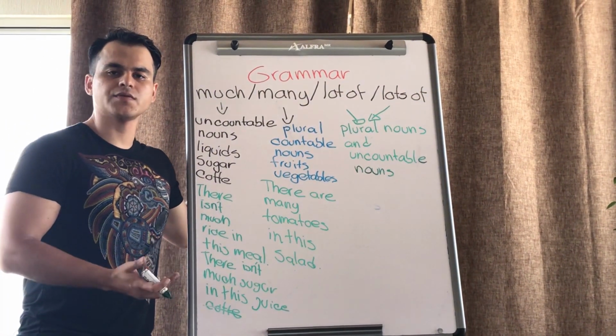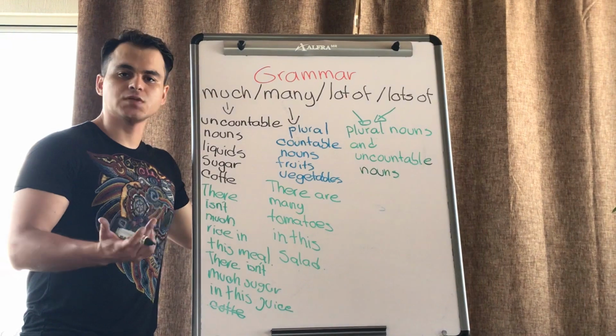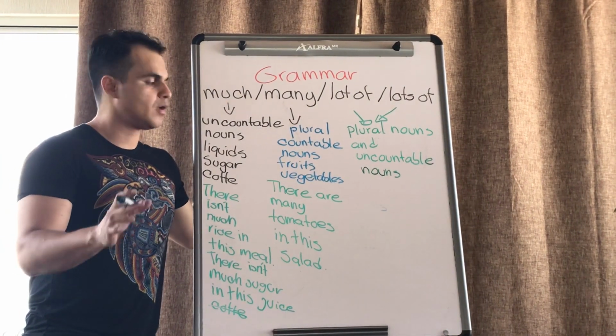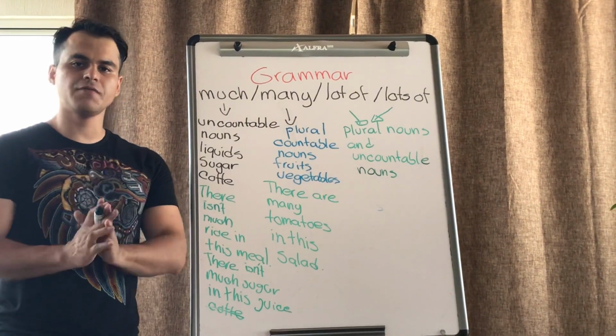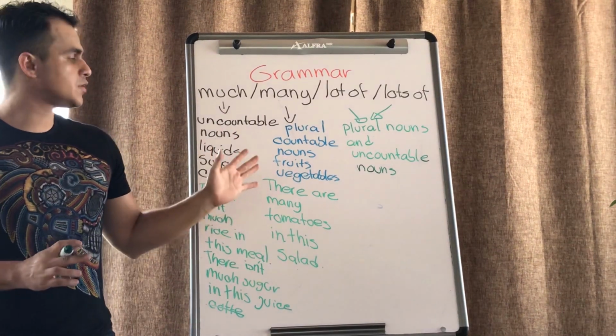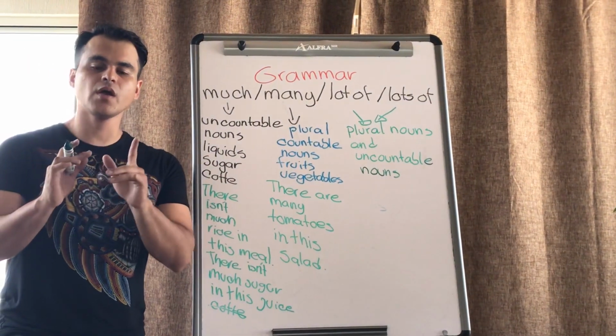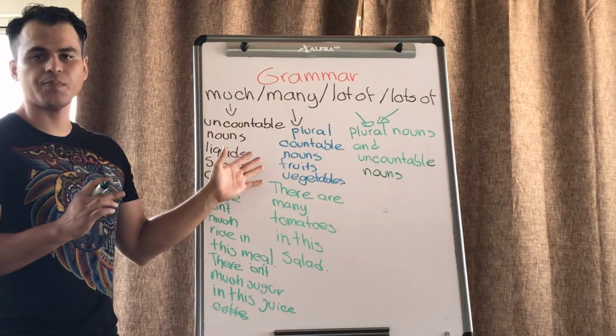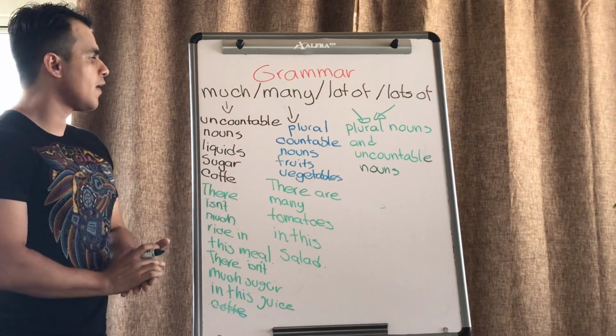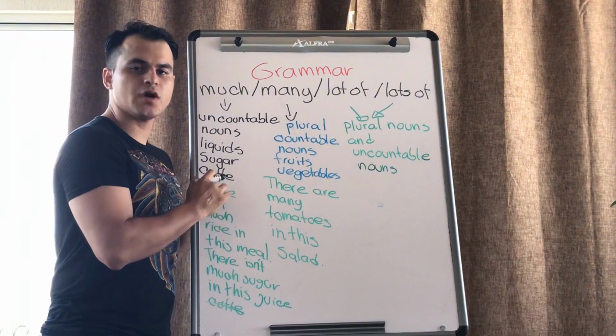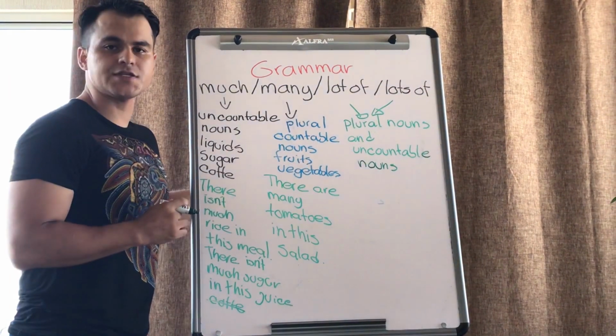There are many tomatoes in these salads. There are many mushrooms in these salads. Anything you want. You just need to understand the difference: when you are going to talk about a plural countable noun, you have to use many. Now, the last example that we have to understand will be lot of and lots of, alright?